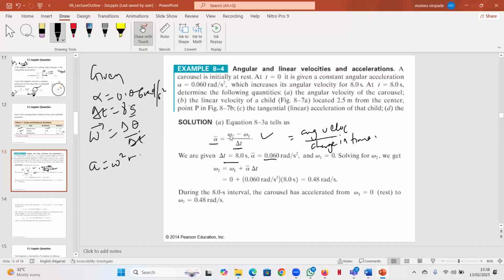If we substitute this into this and cross multiply, we will have ω2 minus ω1 equals alpha times the change in time. So we can have ω2 minus ω1 divided by change in time. So what is our ω2, ω1?